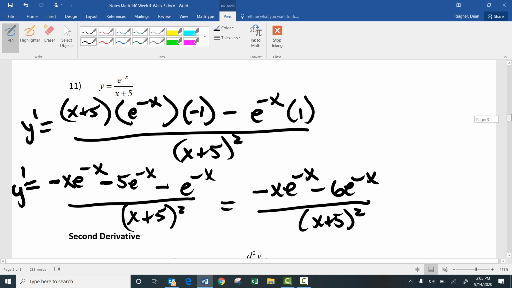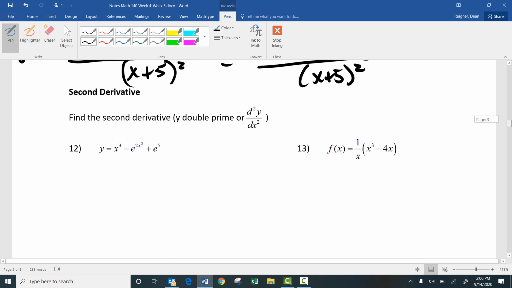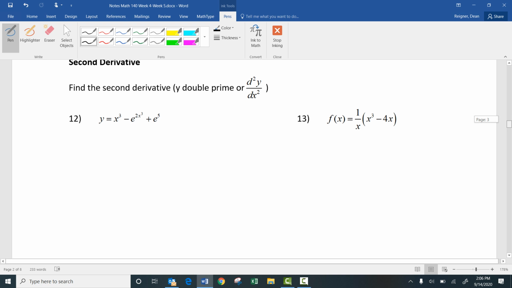All right, last thing, and then we'll stop the video, is the second derivative. This is y double prime, it's called, or d squared y over dx squared. It's the second derivative. So what you're going to do is take the first derivative, just like you normally did. The derivative of y is y prime.